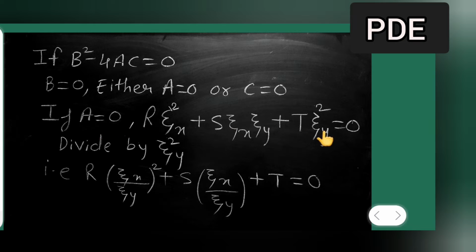So I am going to divide this equation by xi y square. Now what I am going to get if I differentiate with this?